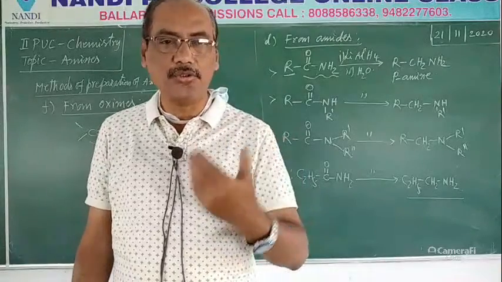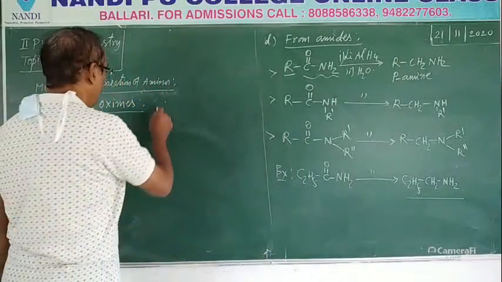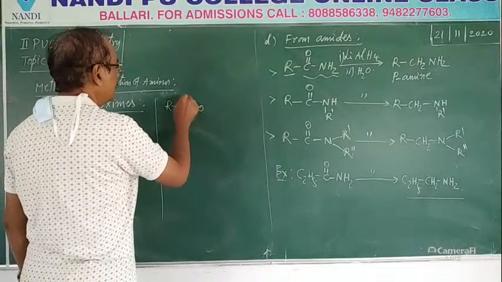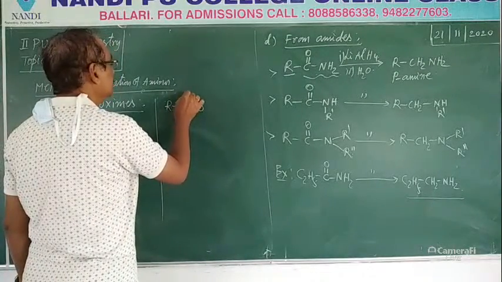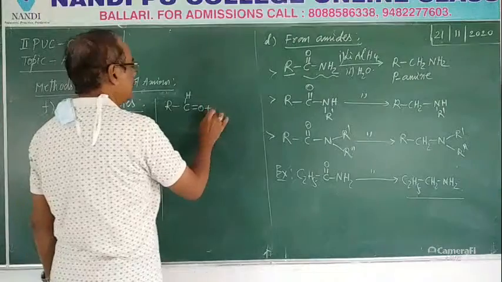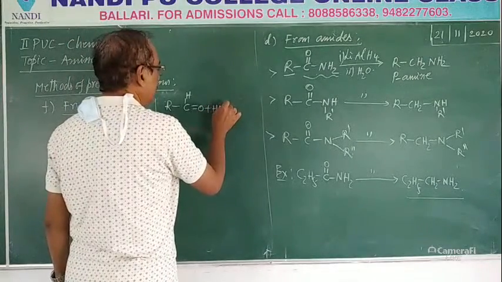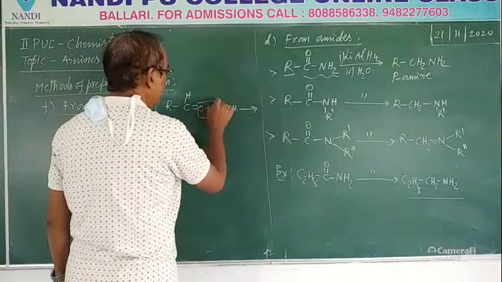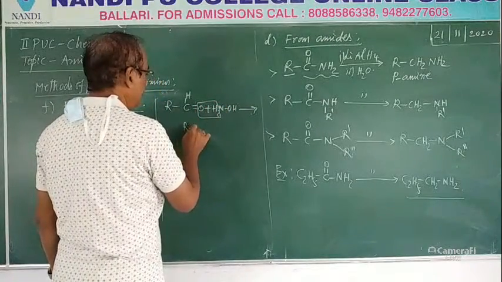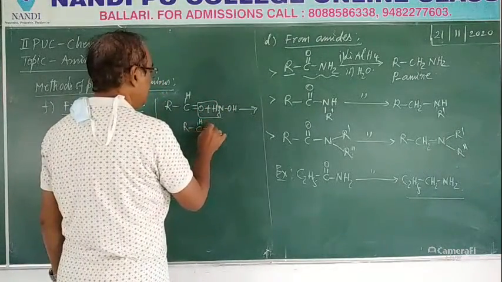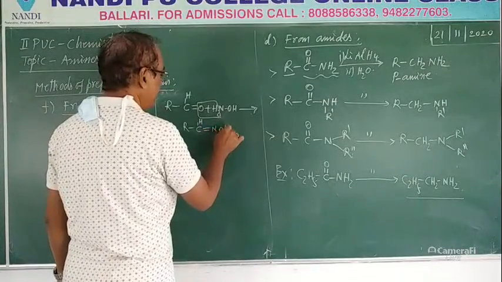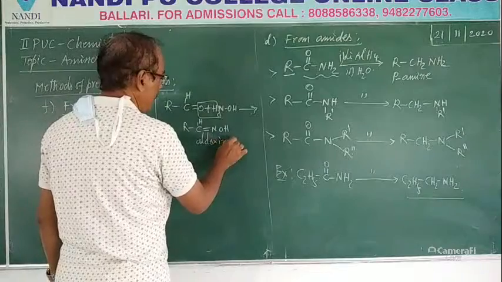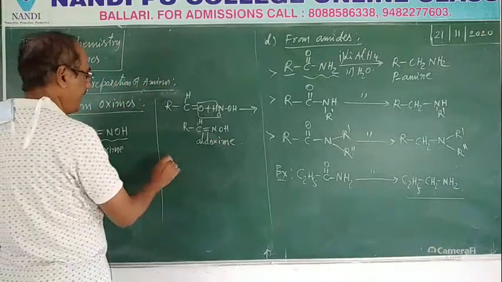Right, children? So how to produce oxime? RCHO plus NH2OH, then H2O is removed, then RCH double bond NOH. This is aldoxime, the oxime produced from aldehyde.